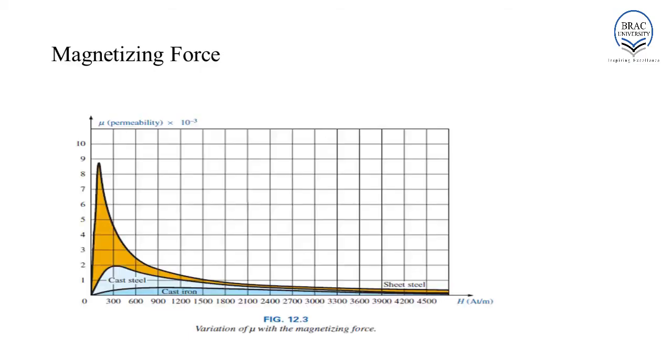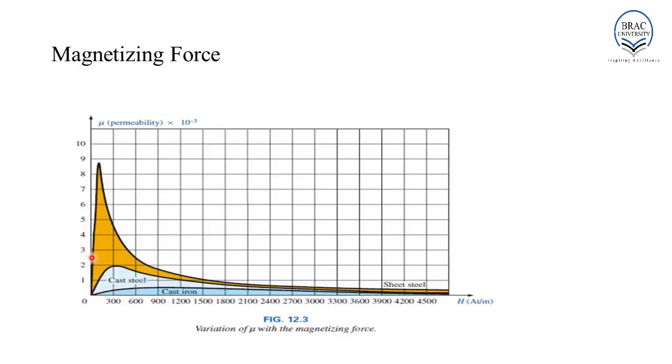This figure shows the relation between permeability and magnetizing force H for three different materials: sheet steel, cast steel, and cast iron. These three materials can be used to design the core.